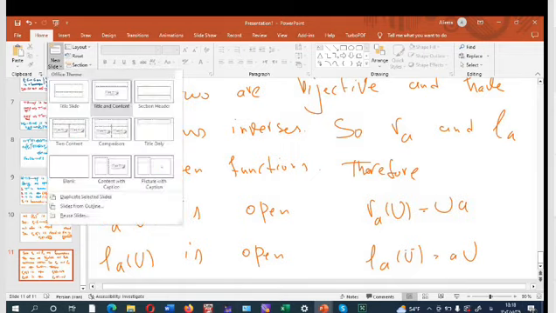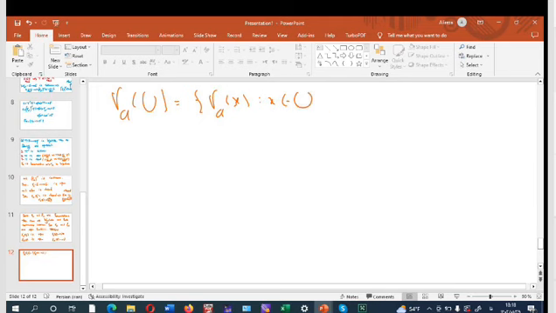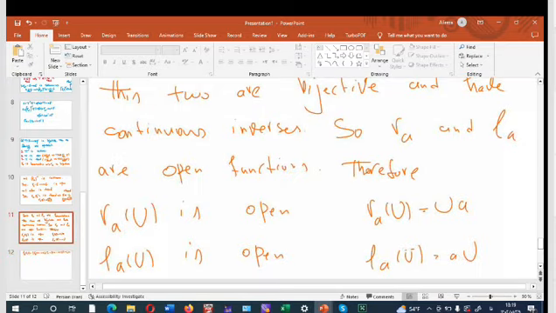Please note that, for example, R_a of U equals the set of all R_a of x such that x belongs to U, and this is equal to the set of all xa such that x belongs to U, and this is equal to Ua.